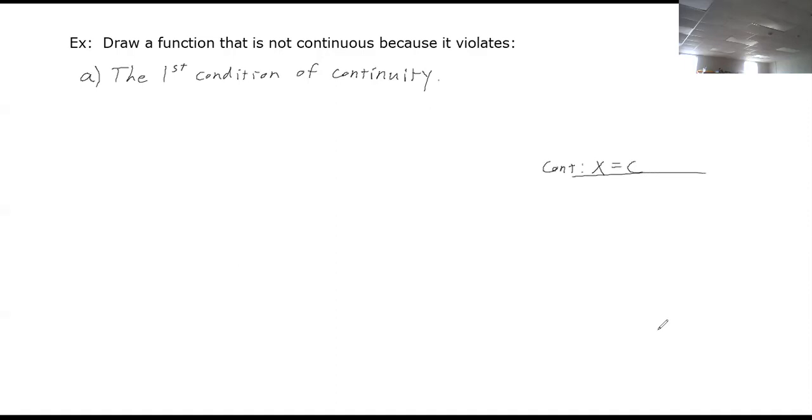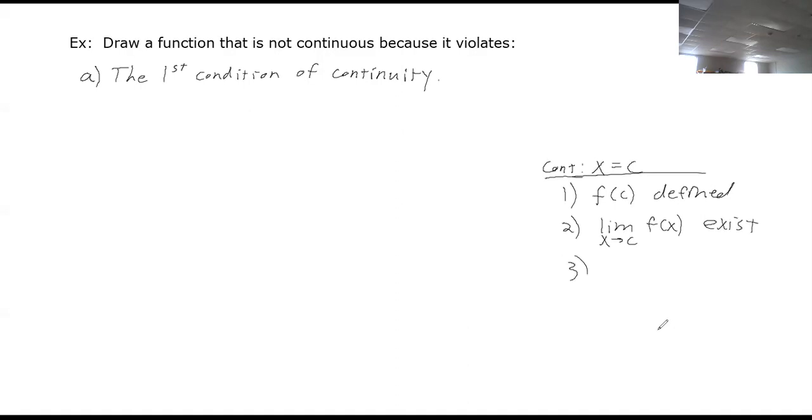And we're going to need to go ahead and memorize this, okay? So to be continuous at x equal to c, condition 1 was f of c must be defined. Condition 2, the limit as x approaches c of f of x must exist.